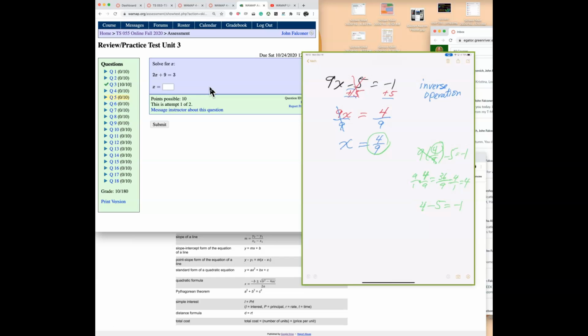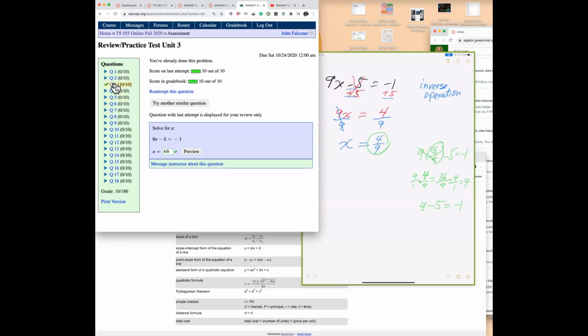We started with 9x minus 5 is equal to negative 1. So that's all we had to go on. And so to start picking this apart, we want to isolate x, and usually we start far out from x. And in order to eliminate the negative 5 here, we just do the inverse operation, which is addition, and we use the same number.